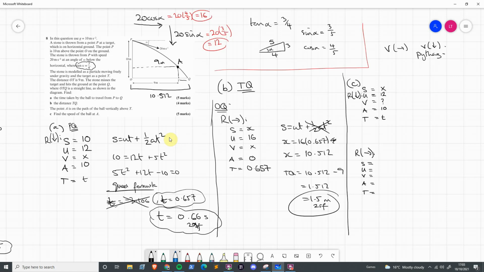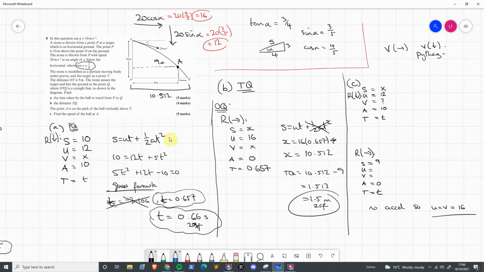We already know this, because there's no acceleration acting on it. So again, u equals v, which equals 16. So we already know that's 16. I'm not using this equation to find out the value of v. I know it already. I'm using this equation to find the value of t. Acceleration is 0.